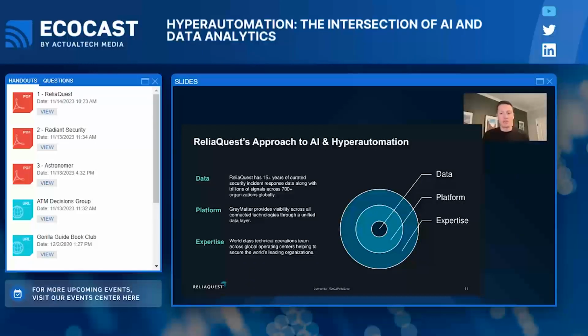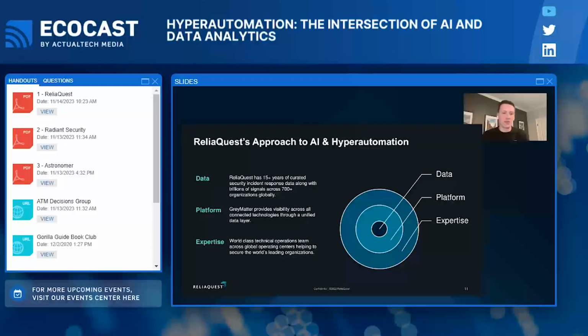So here at ReliQuest, we spent the last decade and a half focused entirely on security operations. And thankfully, now we have a massive amount of data at our disposal, which we can use to train our models and use as a testing ground as well to validate the output of those models prior to putting them into production.